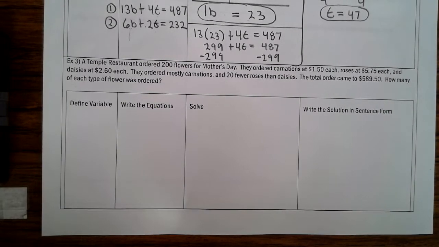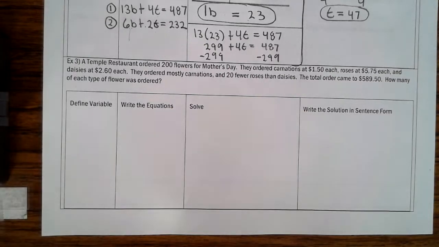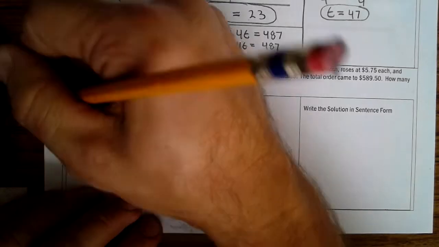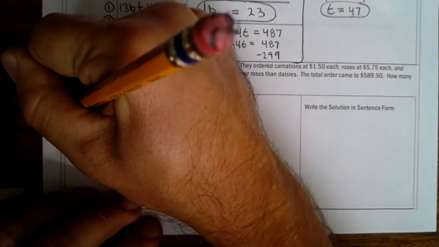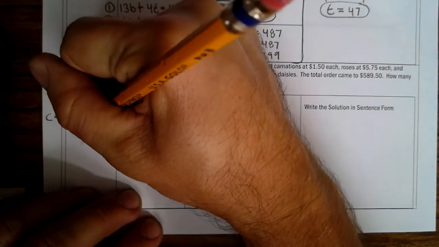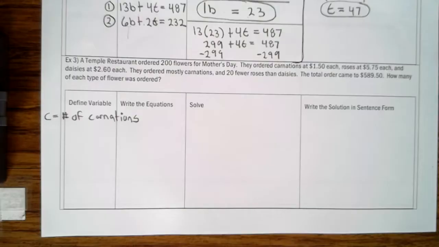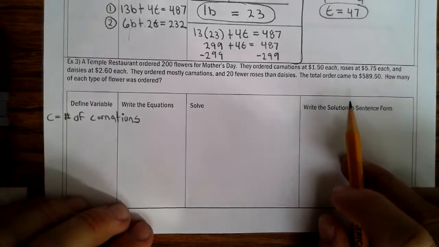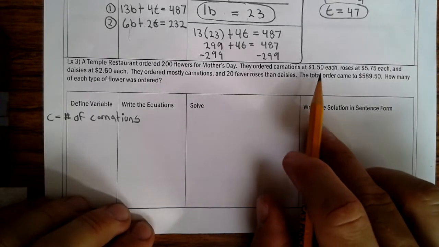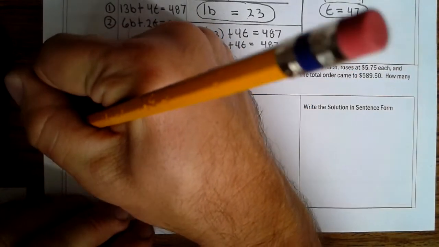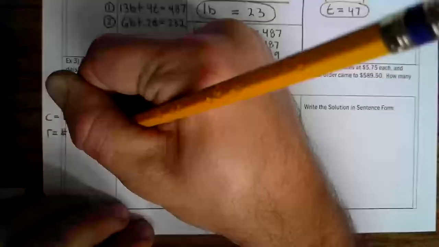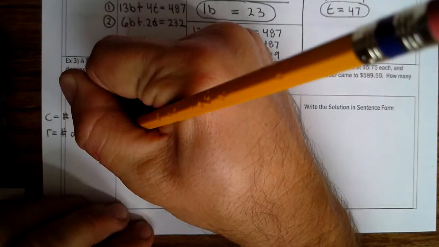So the first thing we want to do is define a variable. So we'd say C is the number of carnations, R is the number of roses, and D is the number of daisies.